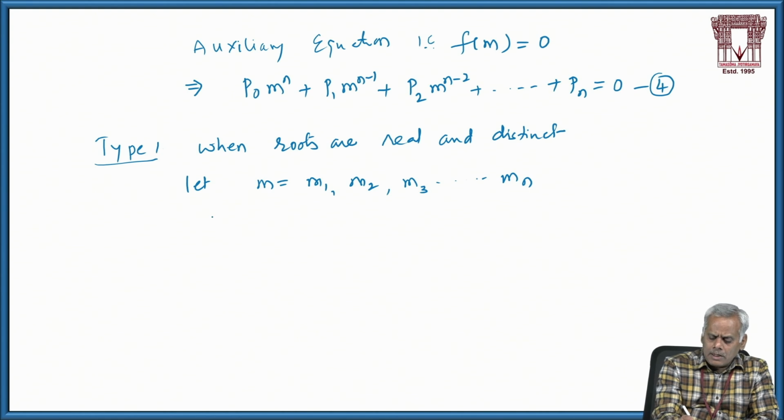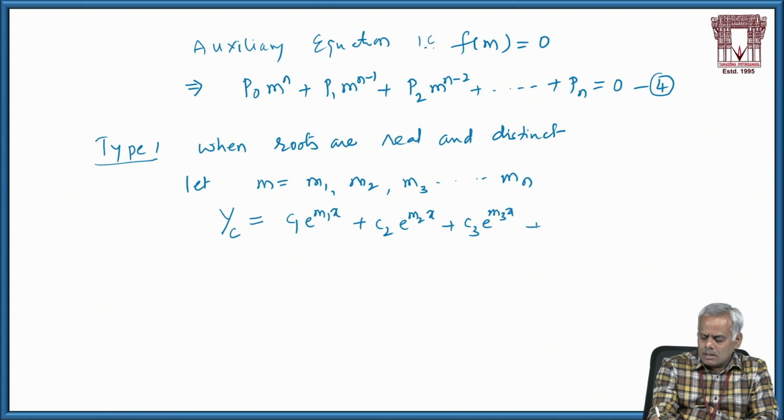Then the complementary function is given by y suffix c is equal to c1 e power m1x plus c2 e power m2x plus c3 e power m3x up to cn e power mnx.